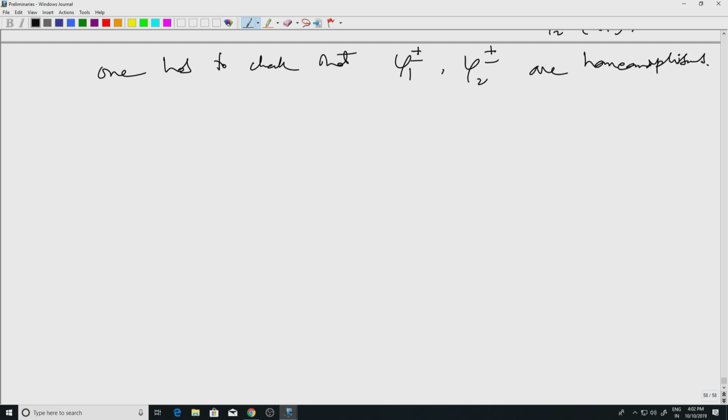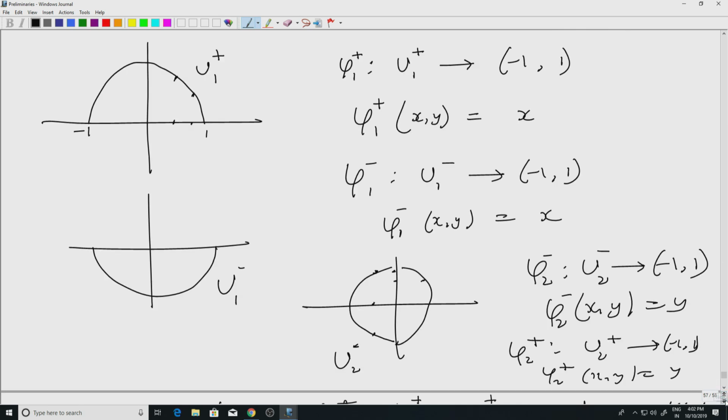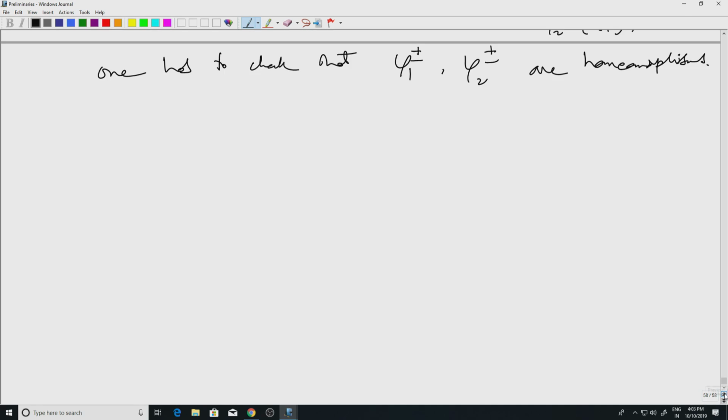Fortunately, we will not have to do this kind of very detailed calculation subsequently, but at least once we can go over all the details. Now, let's do it for phi1 plus.